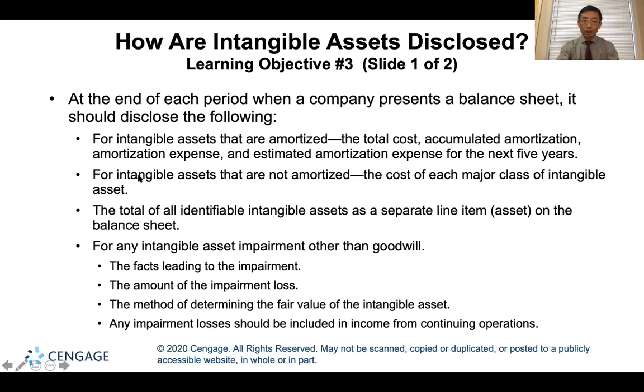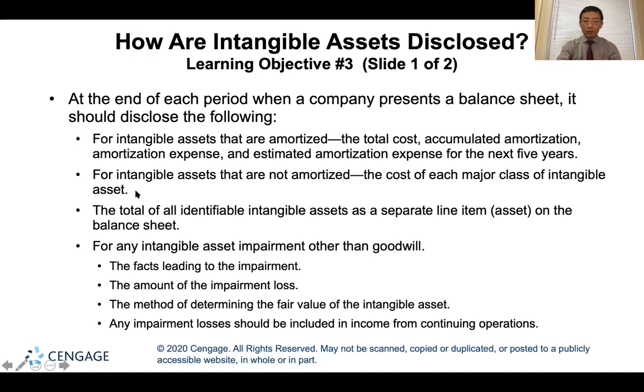And also for some intangible assets that are not amortized, for example, the indefinite life intangible assets from external or internal, because they have indefinite usage life, it's unnecessary to amortize the cost, but we need to review the impairment.